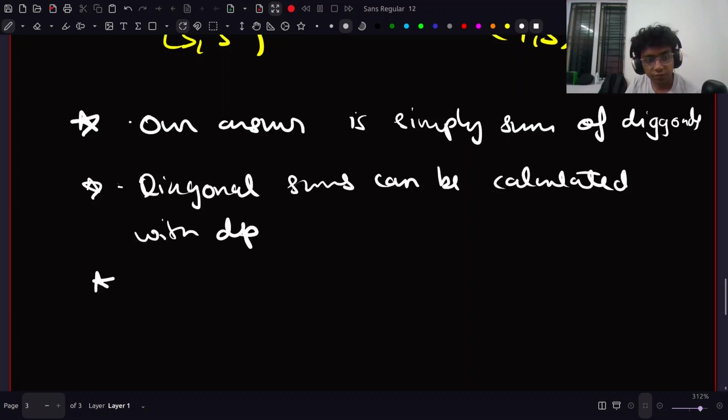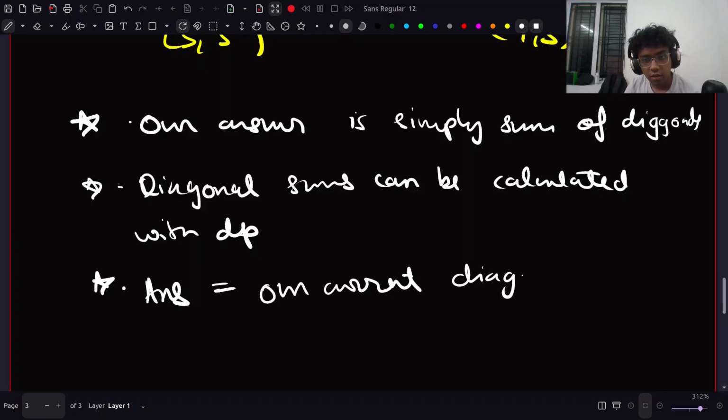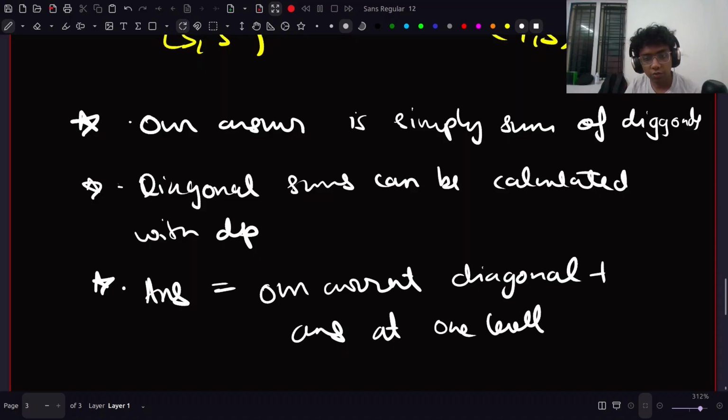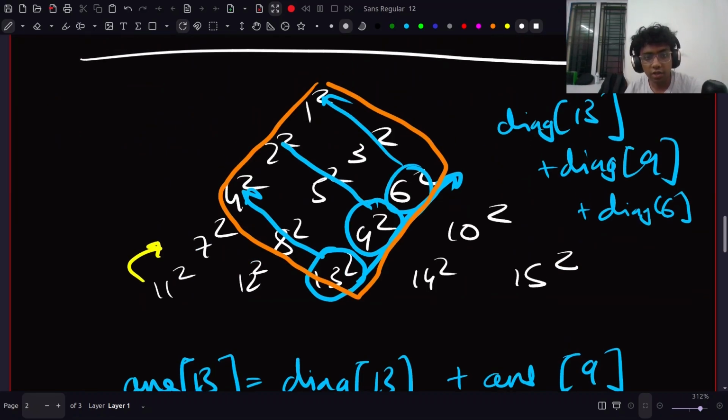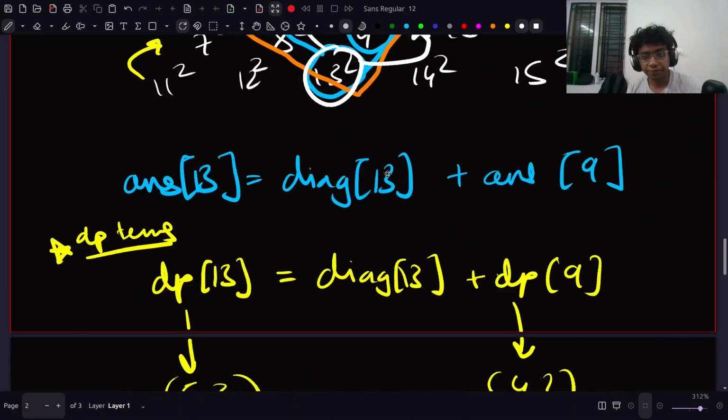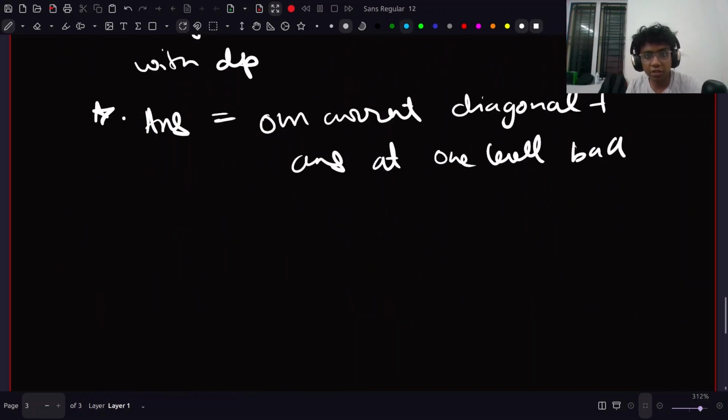Also, our final answer is simply equal to our current diagonal plus the answer at one level back, which means going in the opposite direction of the diagonal. So answer at 13 is equal to its diagonal plus the answer at 9, and so on. So now implementation for this can be a bit tricky, right?